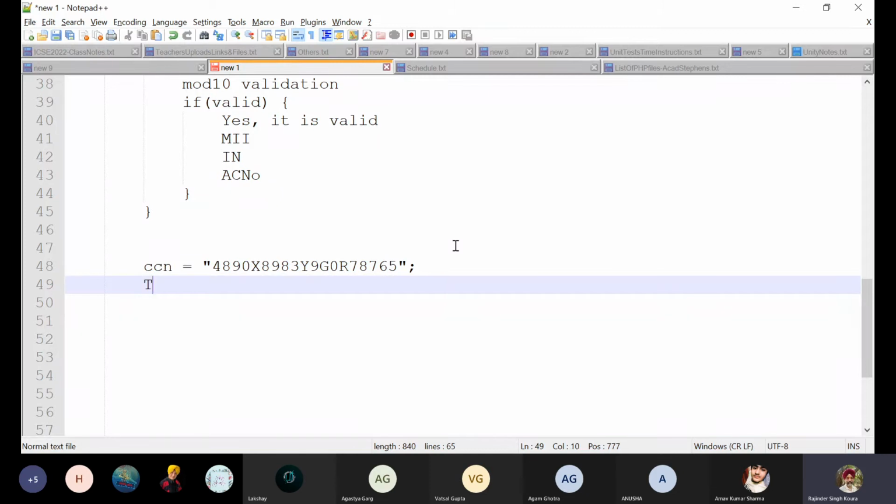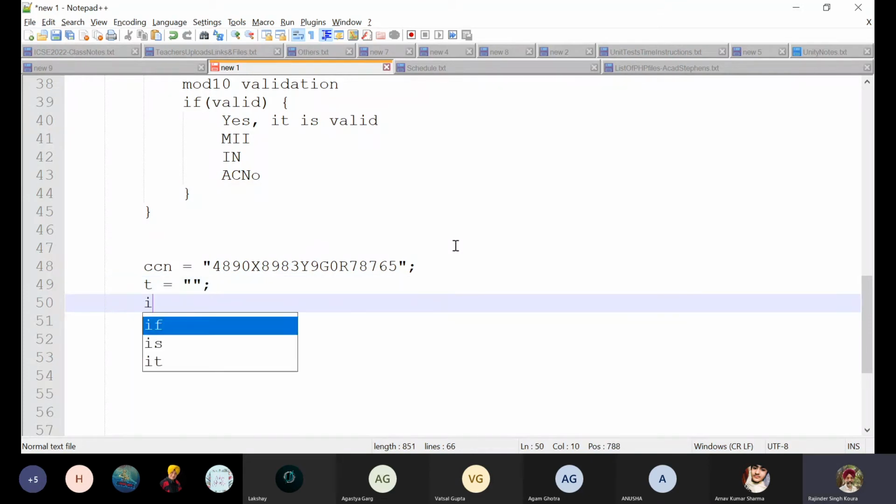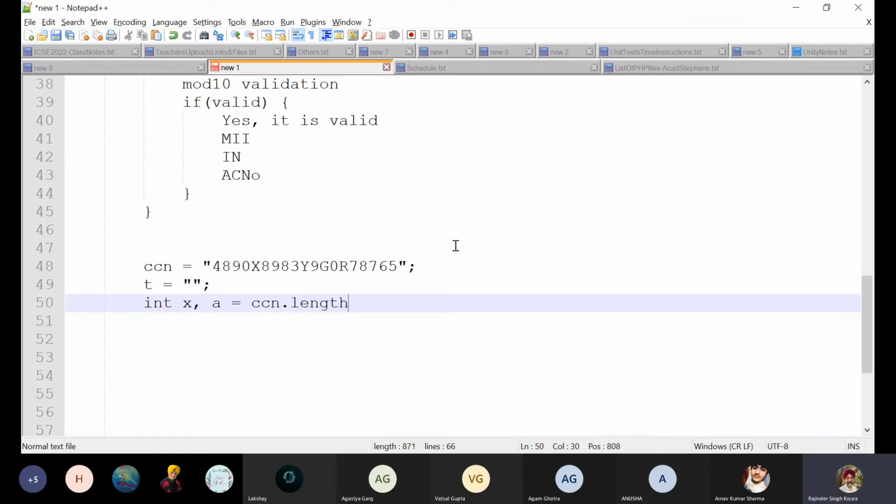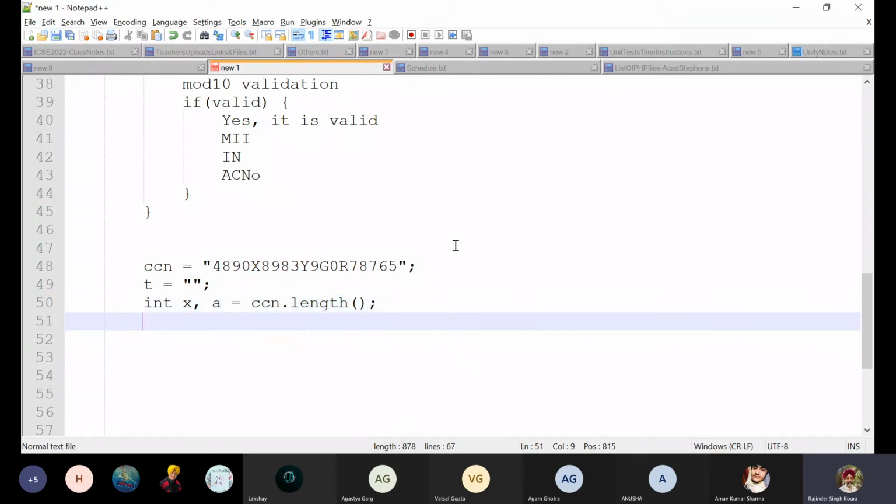So we take t as a string, and that t is going to contain a blank. I will use ccn.length(), and that's it, I do not need to count.